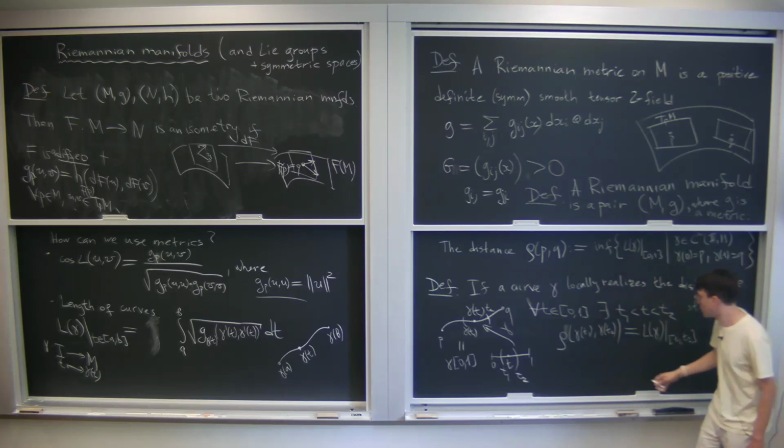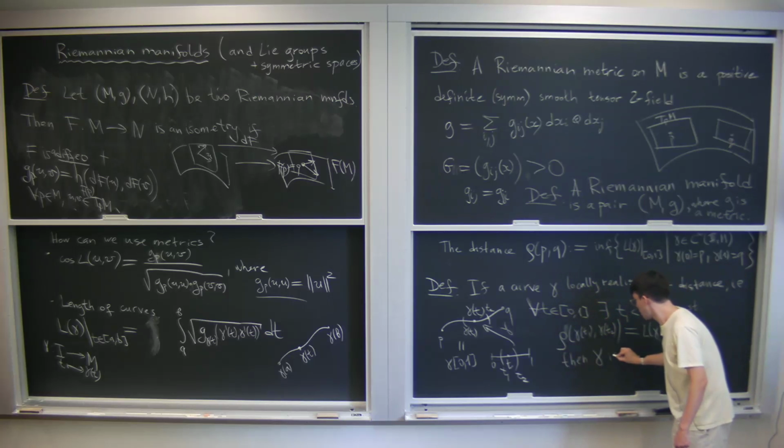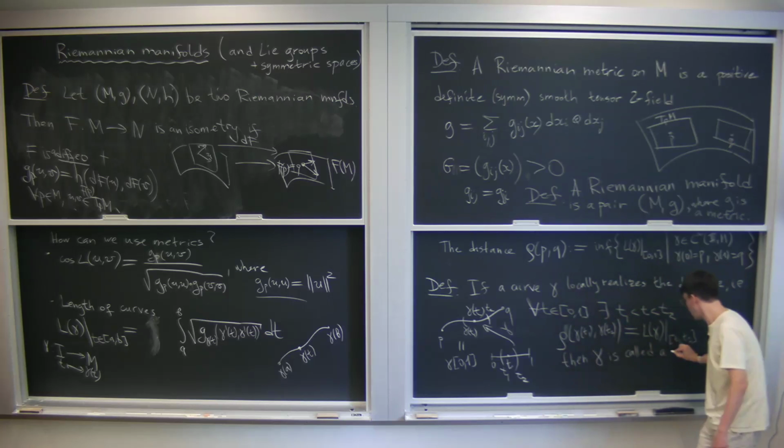If this happens, then gamma is called a geodesic.